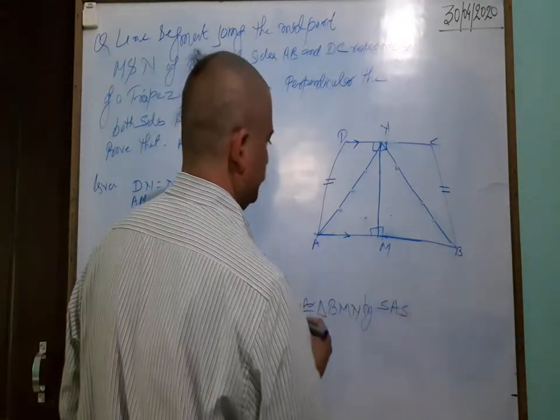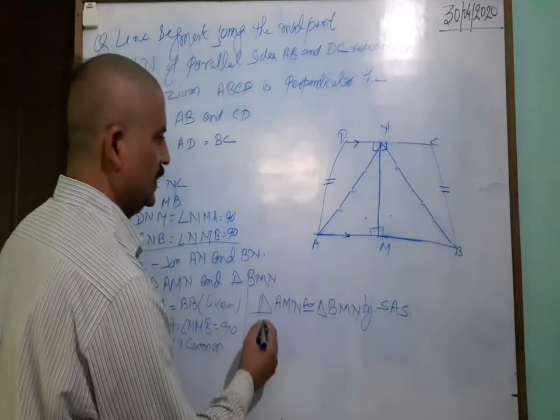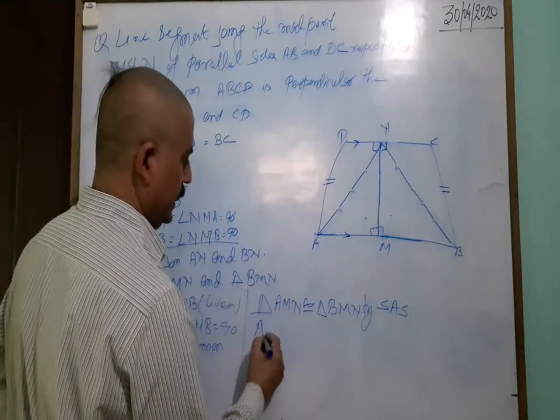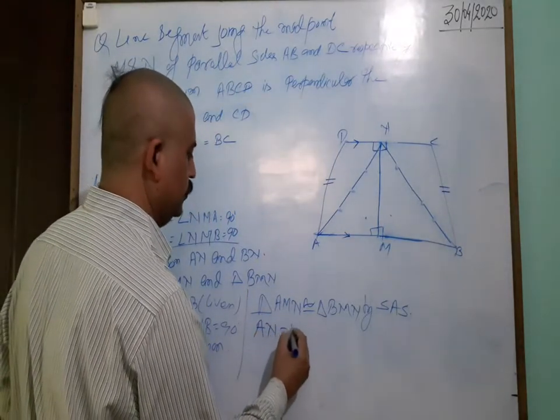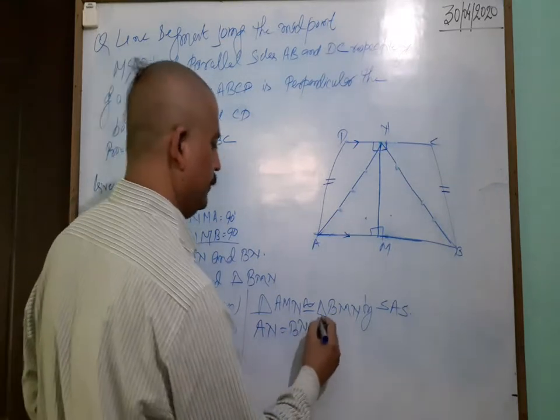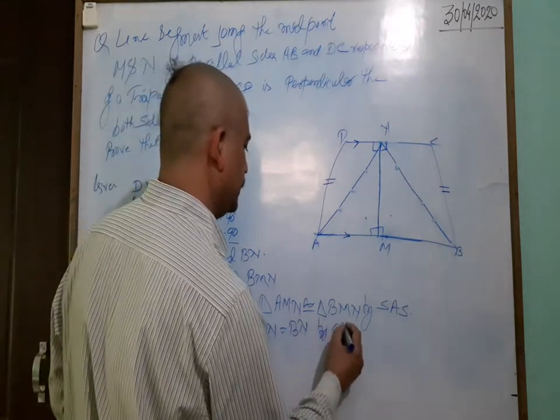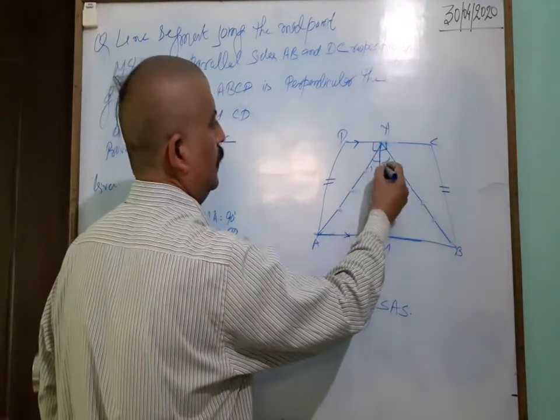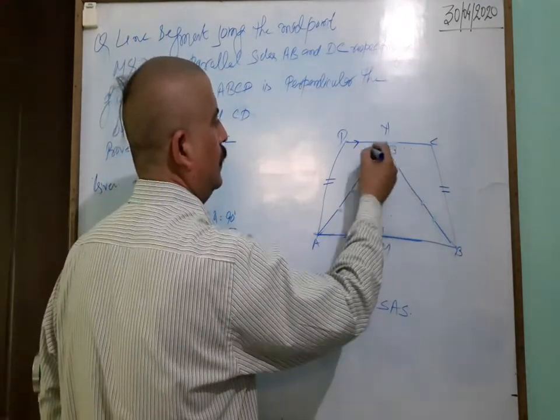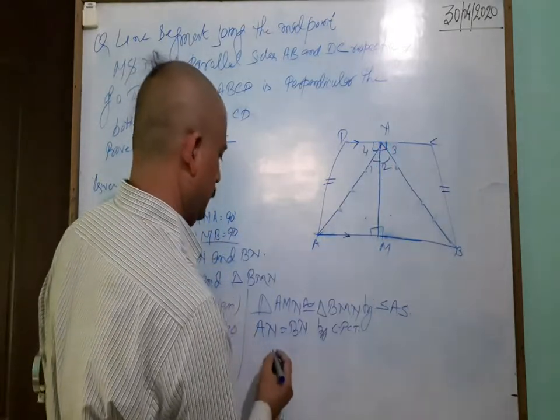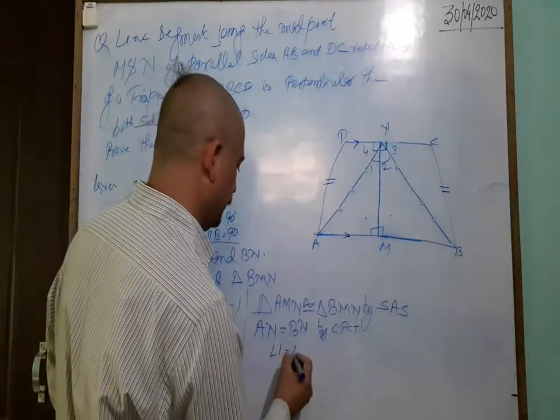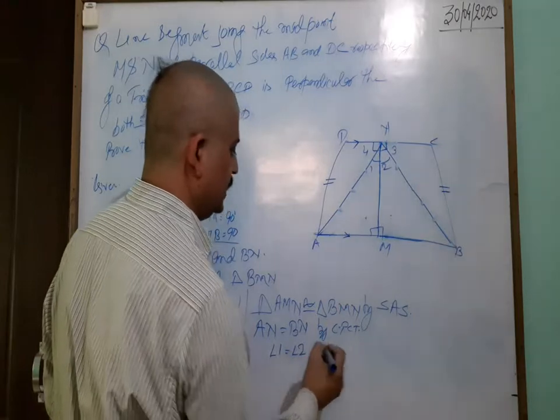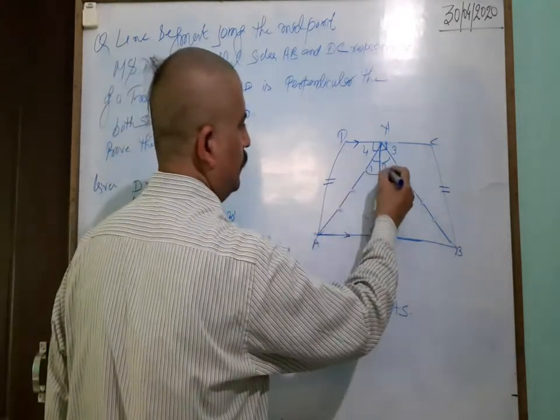Then we say that AN equals BN by CPCT. We also say that angle 1 equals angle 2 by CPCT.